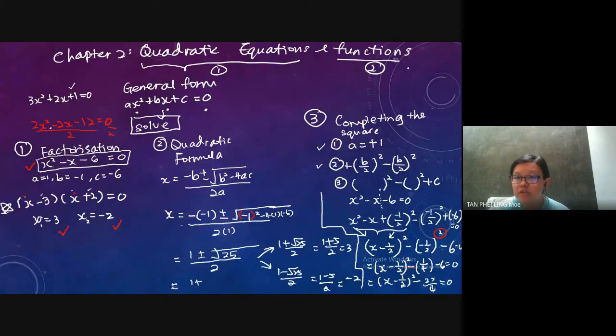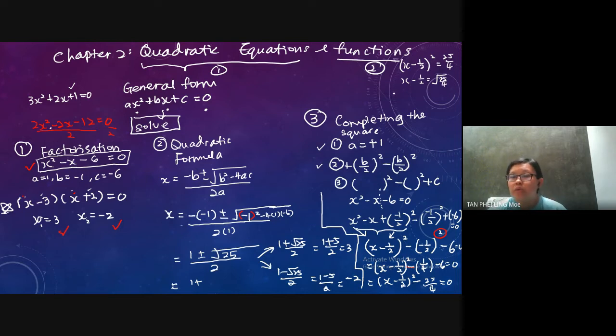So now you can solve it by bringing the fraction. This one square equals to 25 over 4, because the negative 25 over 4, I'm bringing it to the other side. So now this one I need to square root. Remember, square root 25 over 4.